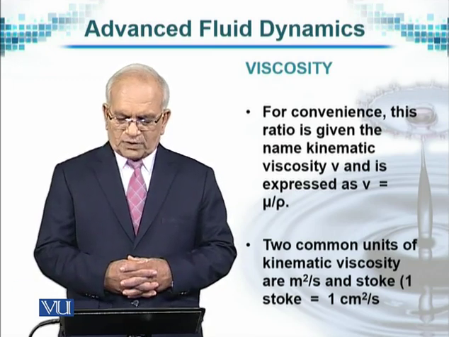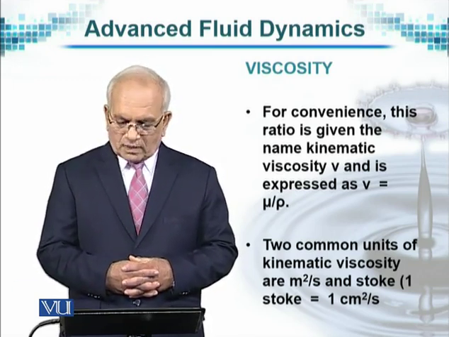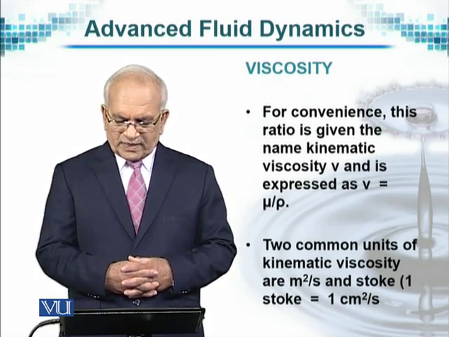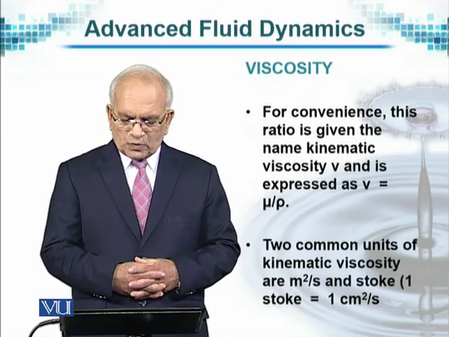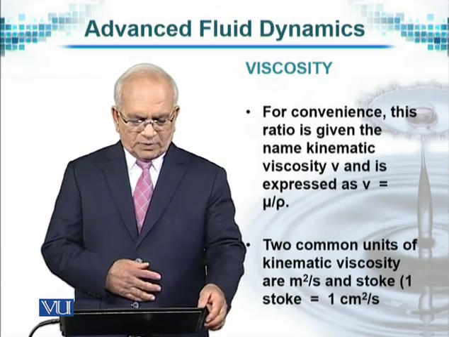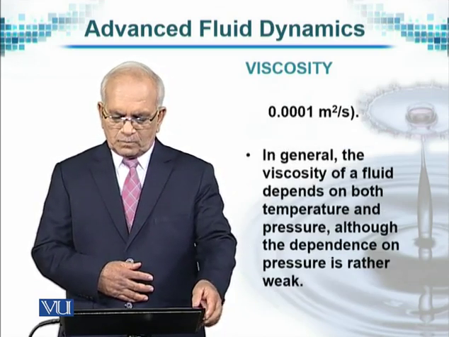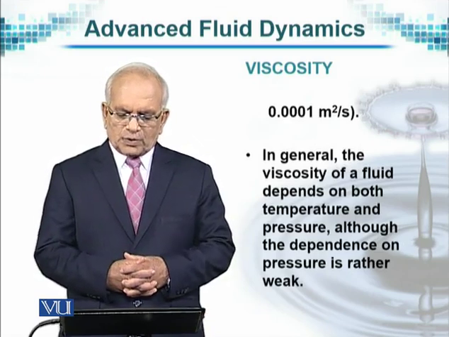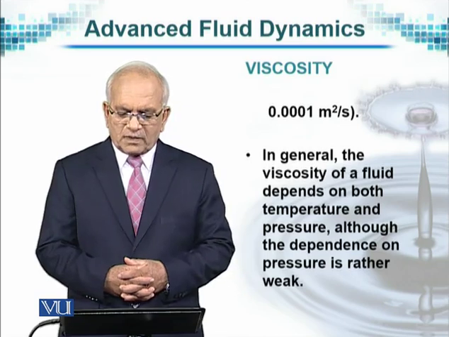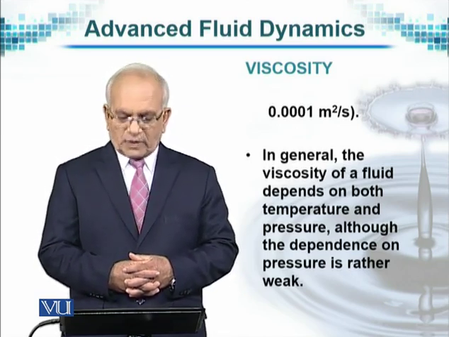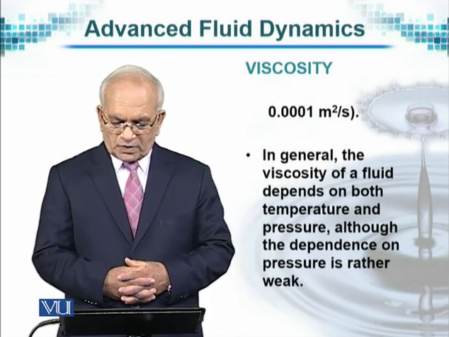Two common units of kinematic viscosity are meter square per second and Stoke, and 1 Stoke is equal to 1 centimeter square per second. So you can see, that is equivalent to 0.001 meter square per second, obviously.